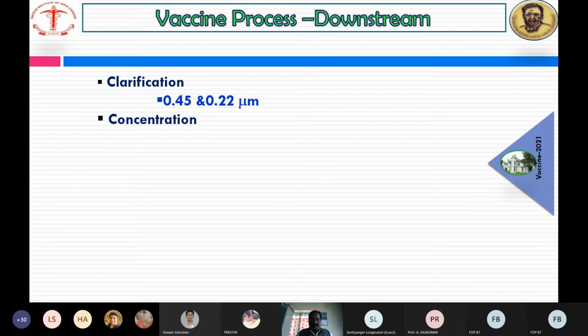Concentration means that the 100 liter material is concentrated by the system called UF, ultrafiltration, which is based on molecular weight. For protease vaccine production, I use only a 0.45 microfiltration system.